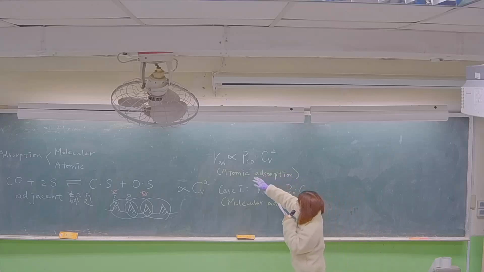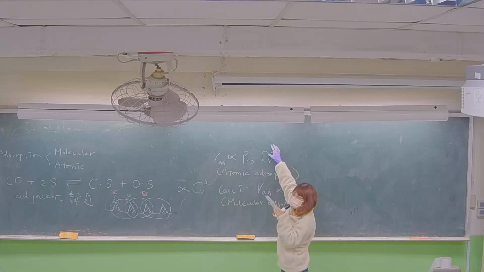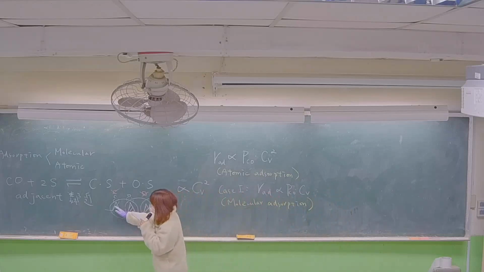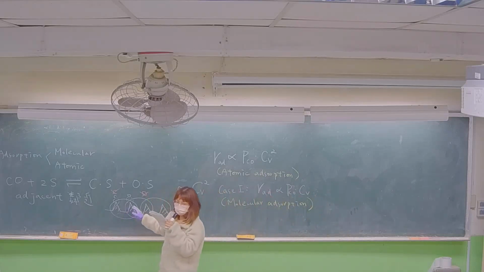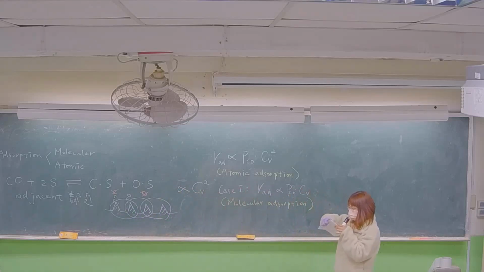But for atomic adsorption, the rate is proportional to the pressure and the vacant site concentration squared. The different part is the square, because the vacant sites should be adjacent. It is a matter of probability. Based on this, let's try to derive the equation.